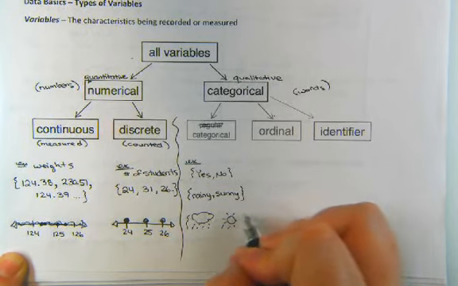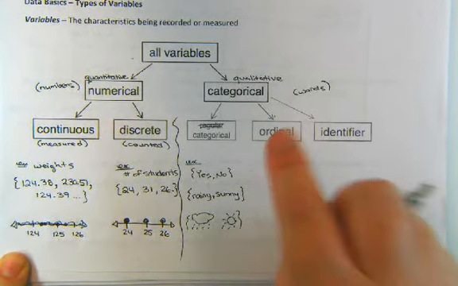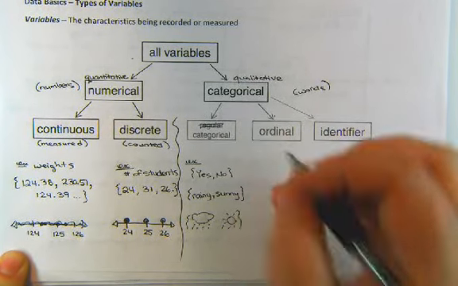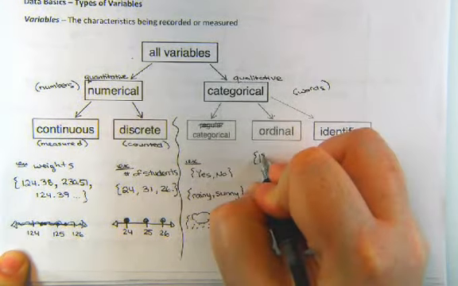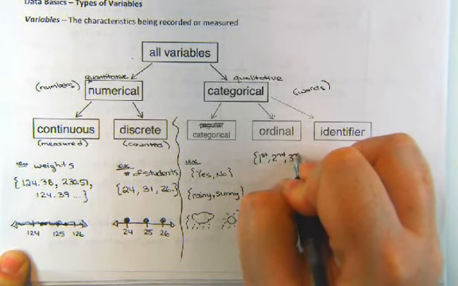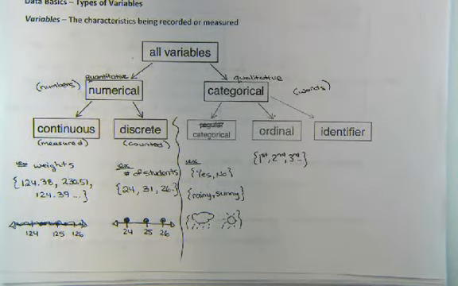That's just regular categorical. Ordinal is a subcategory of categorical, and this is where we see first, second, third coming through. We have this kind of place value where there is a number in there, but really the numbers are creating categories in the end.